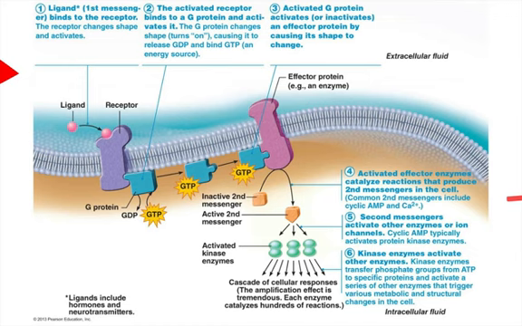Now, in this example, there are other things that could happen here, but in this example, we have an inactive molecule inside the cell. Remember, what was our first message in this picture? Yeah, the ligand landed on the receptor. Here inside the cell, we have our second message beginning.